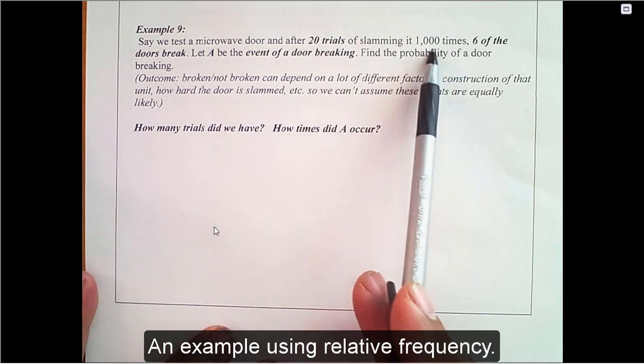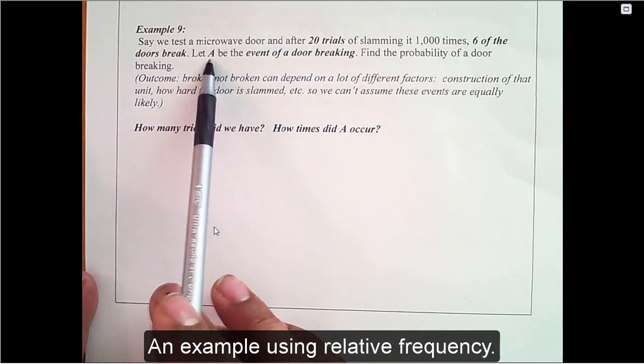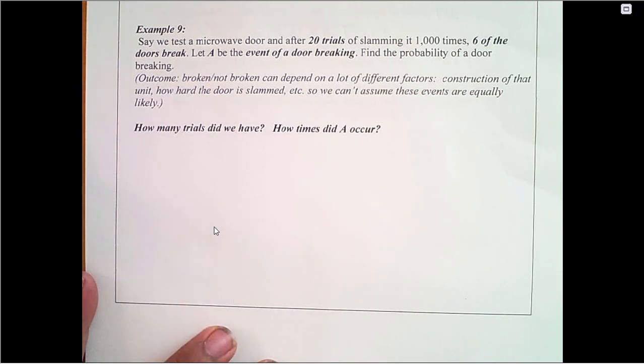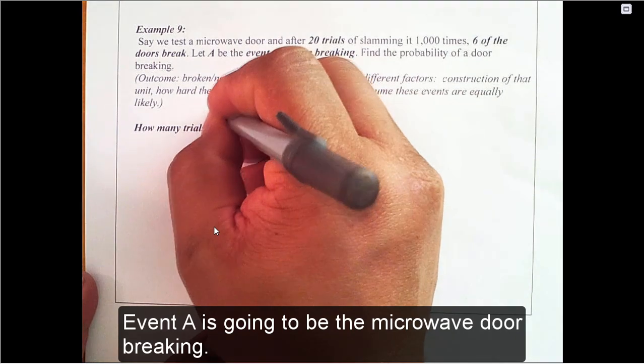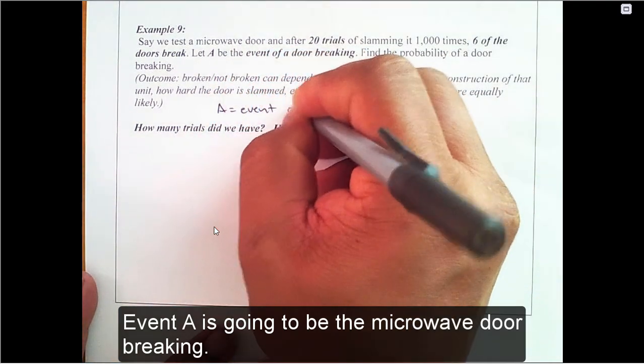An example using relative frequency. Event A is going to be the microwave door breaking.